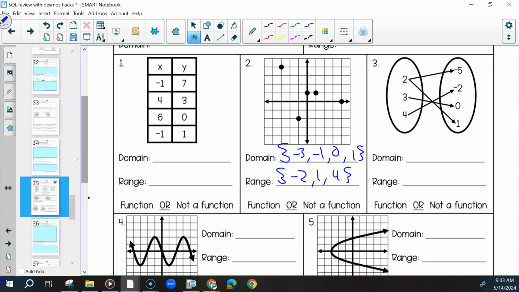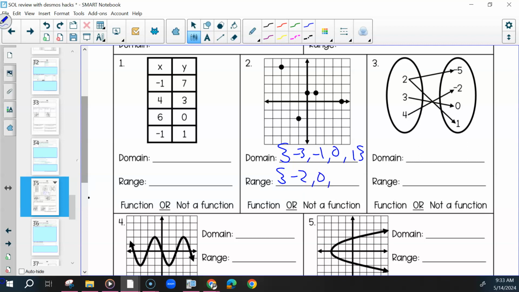And then, is this a function? Why no? I missed 0 here. I missed that one. And I missed that in the 32. But continue. Because it doesn't have any repeating x's.